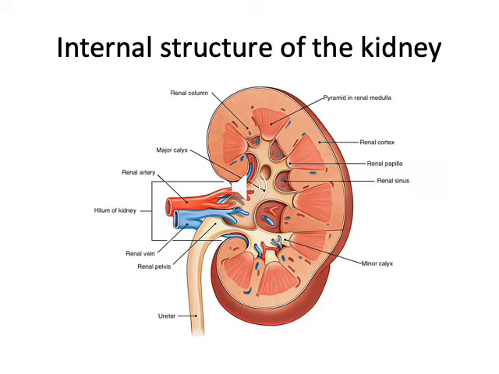The minor calyx collects urine from the pyramids, and several minor calyces merge and form a major calyx. Urine passes through the major calyces into the renal pelvis.